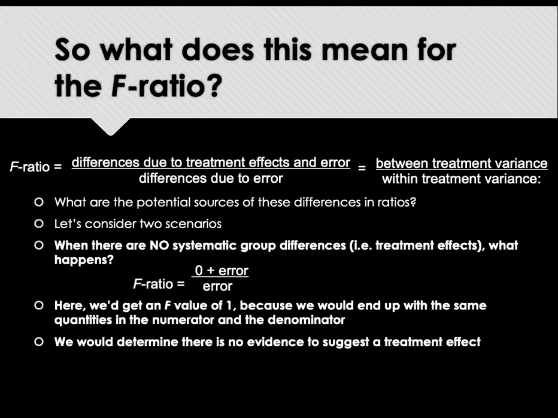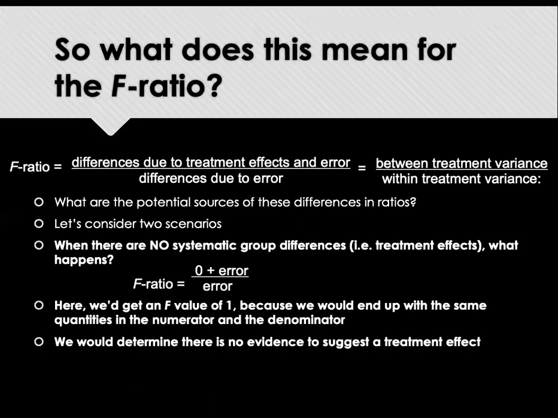So what does that mean for the F ratio? The F ratio, here again, is the same thing that was on the previous slide. Between treatment variance divided by within treatment variance. What are the potential sources of these differences in ratios? Let's consider two scenarios.